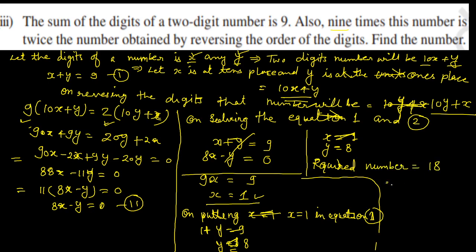Yes, check it. 9 times of that number 18 is equal to 2 times when we reverse it. So 9 8s are 72, 9 1s are 9, 72 plus 9 is 81... wait, 9 times 18 is 162, which is equal to 2 times of 81. 2 1s are 2, 2 8s are 16.